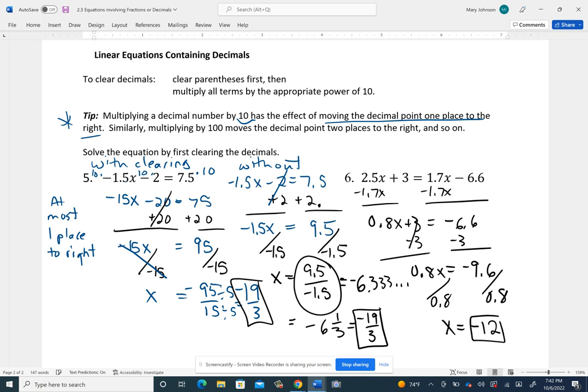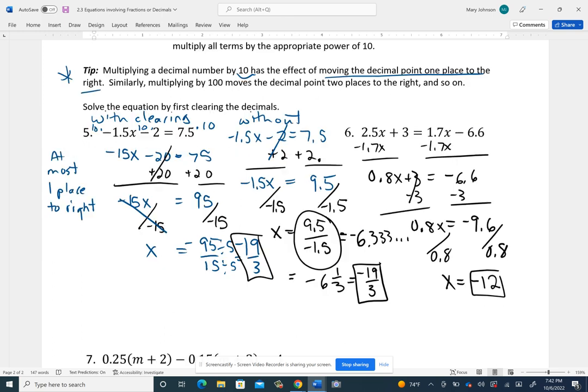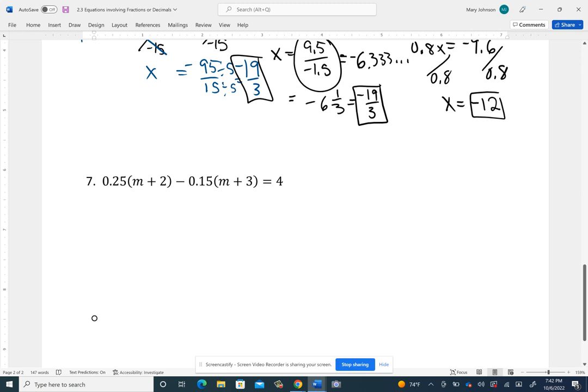So it's very quick and efficient to do without clearing the decimals. Okay, let's do one more, and we're not going to clear the decimals. We're going to distribute, get 0.25m, then 2 times 0.25 would be 0.5 or 0.50, you might be thinking.